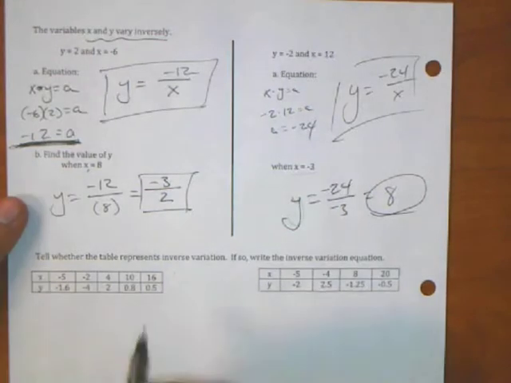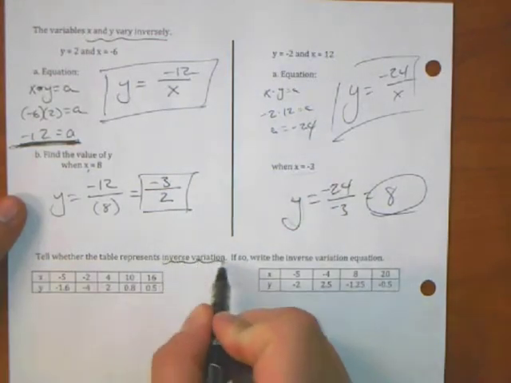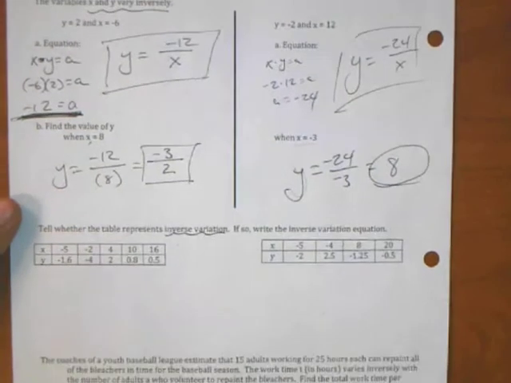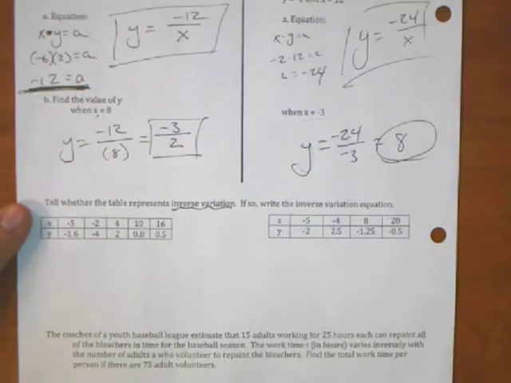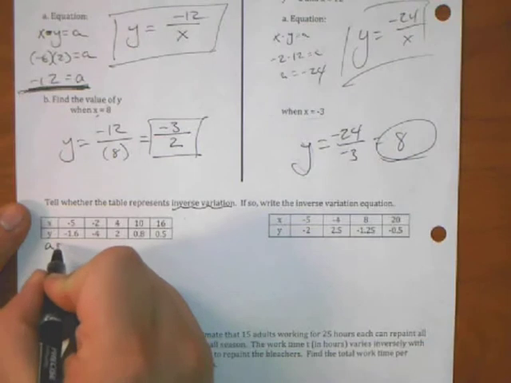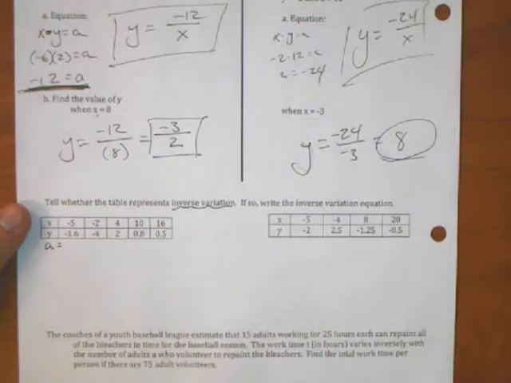We can use this same idea to tell whether some data represents inverse variation. If a function inversely varies, that means the product of x and y is always the same. So if you multiply the x's and y's together, you should get the same thing for your entire set of data.